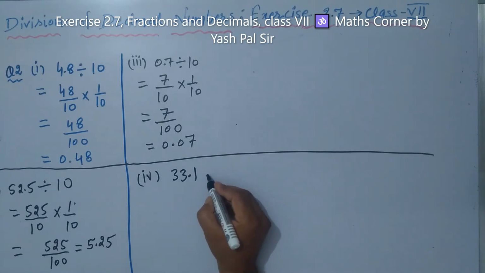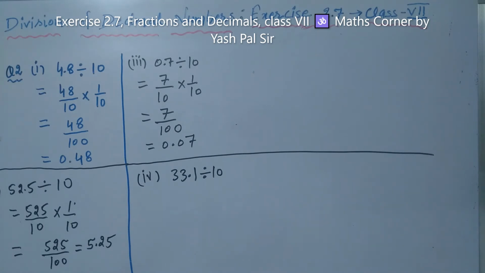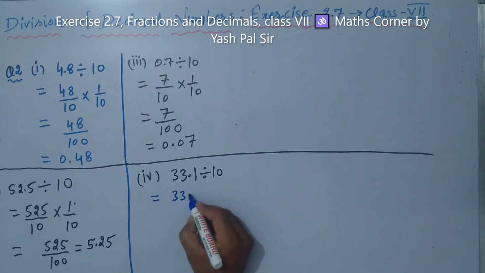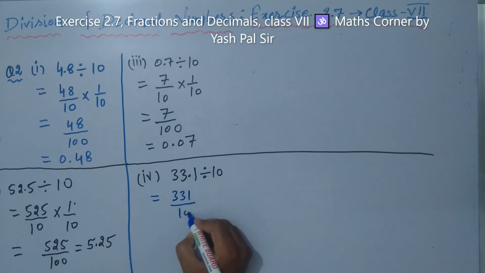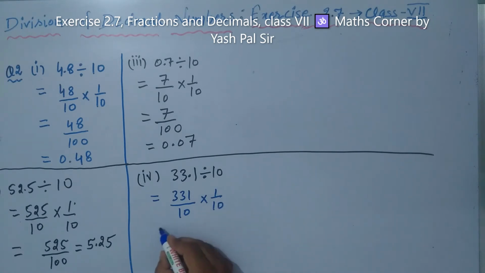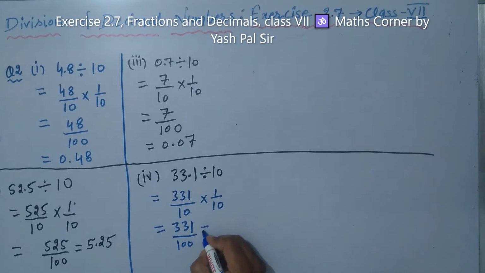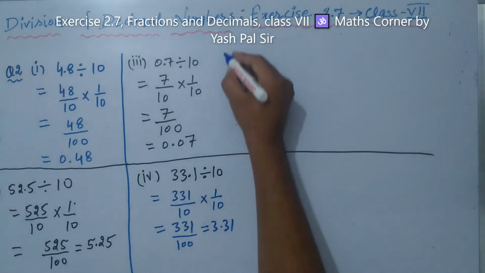So fourth part is 33.1 divide 10. So how to solve this question? This is equal to 331 divide 10 into 1 upon 10. This is 331 divide 100, which is equal to 3.31.